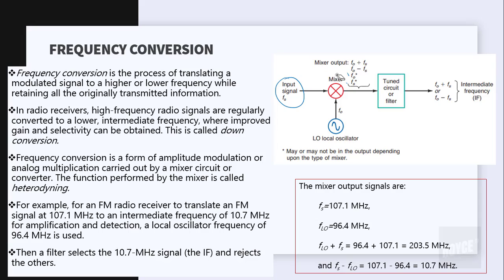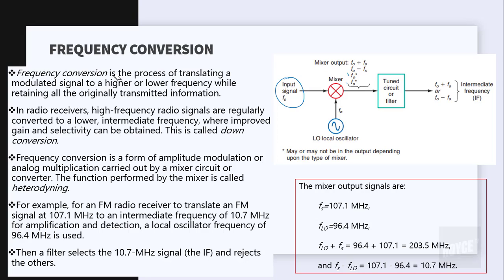As an example, we have here an FM radio receiver, and we have an FM signal of 107.1 MHz. Convert natin siya to an intermediate frequency of 10.7 MHz. Ang local oscillator natin is 96.4 MHz.